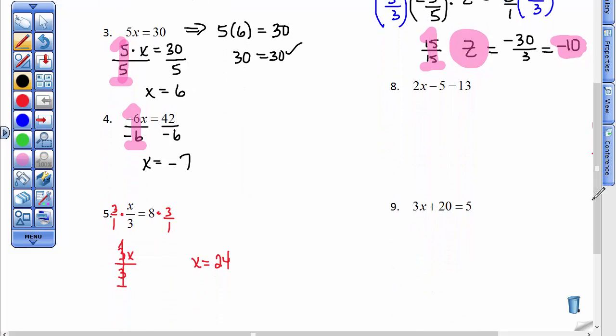When I'm at that point now where, in order to isolate x, I have to add 5 to both sides, but then I have to divide by 2, I will always be doing my addition or subtraction first. So I will not do the dividing by 2 until I just have an x term on one side and a constant term on the other side.